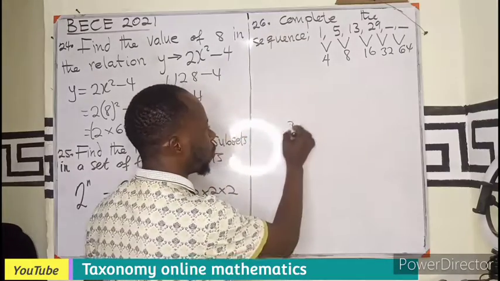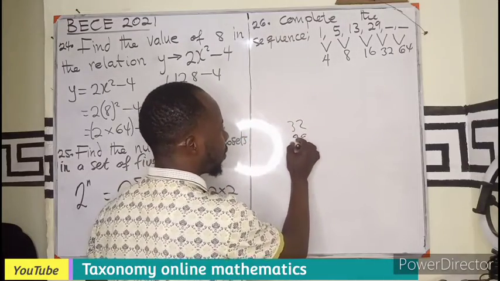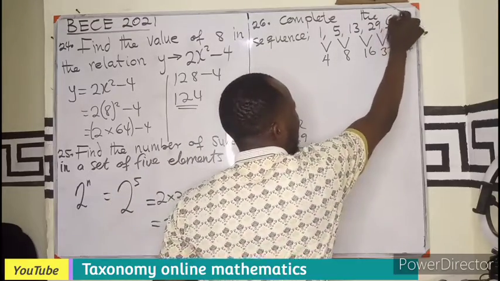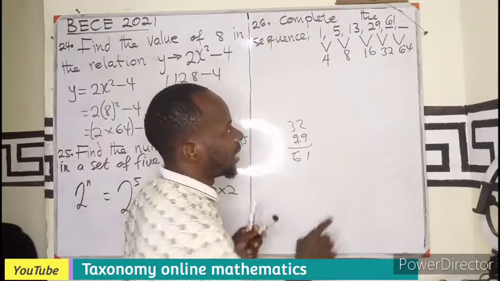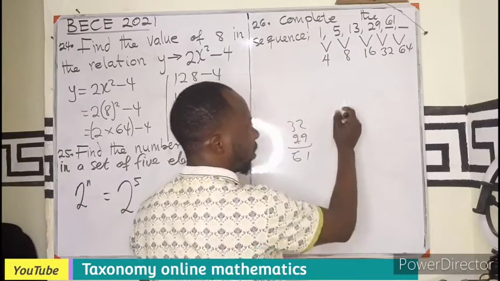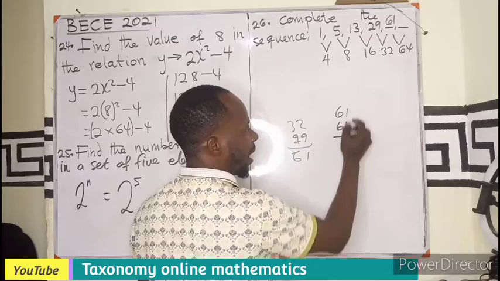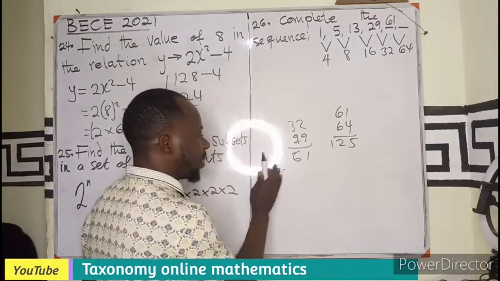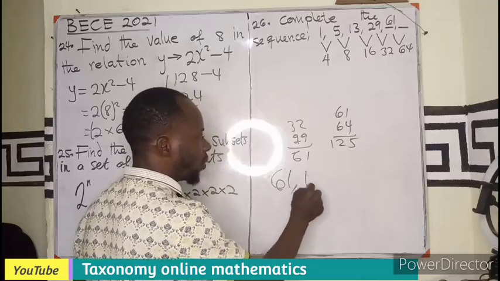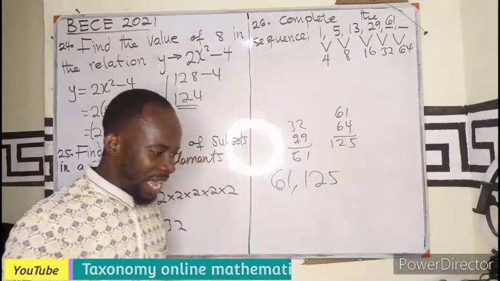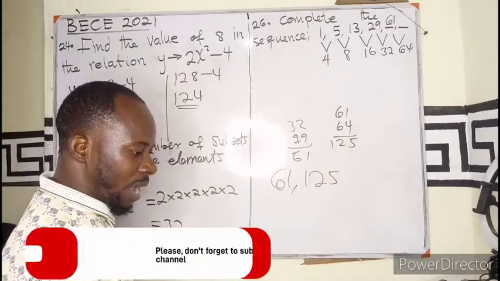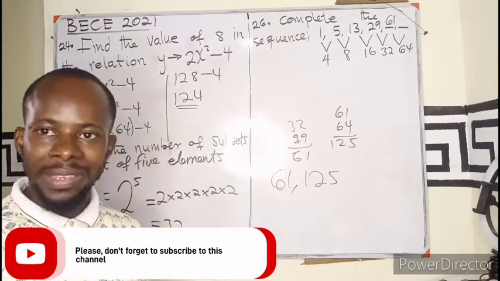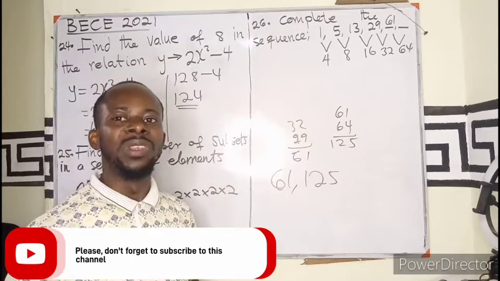And 32 plus 29 will give us 61. Then 61 will be added to 64, and that will be 125. So the numbers we are looking for are just 61 and 125. And that will earn us the possible answer A. The possible answer A, that is 61 and 125.